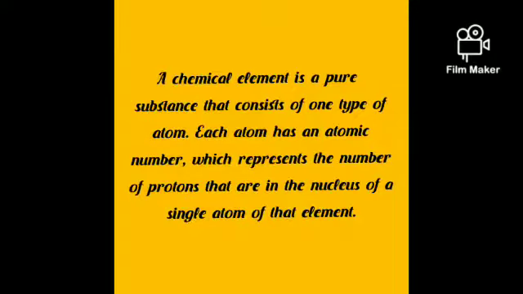A chemical element is a pure substance that consists of one type of atom. Each atom has an atomic number, which represents the number of protons in the nucleus of a single atom of an element. In the next slide, you are going to know about what is an atom.